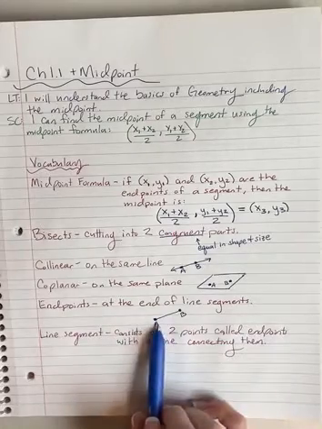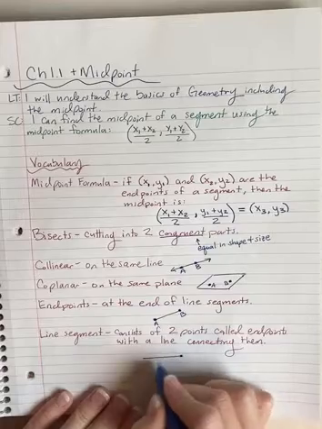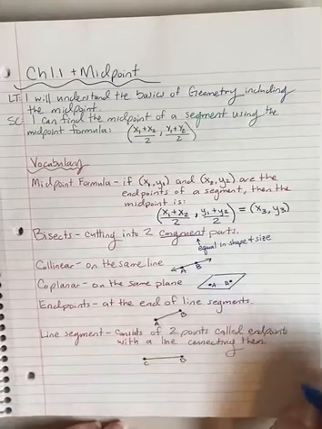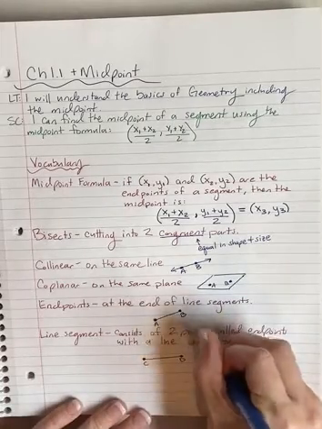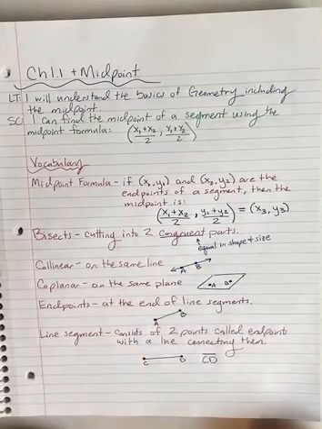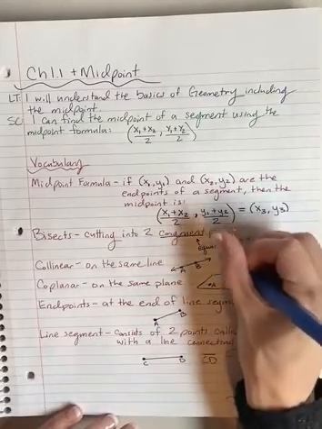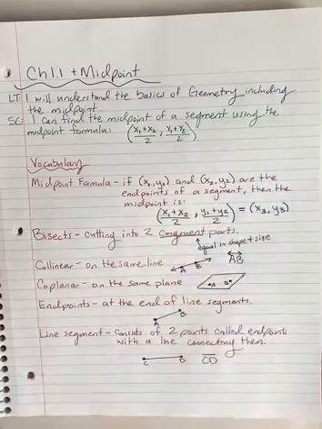So for example, what I drew up here is a line segment. And it would be written as CD with a line on top. Whereas a line, if you were going to denote that something is a line, you would have A, B, and you would have this on top.